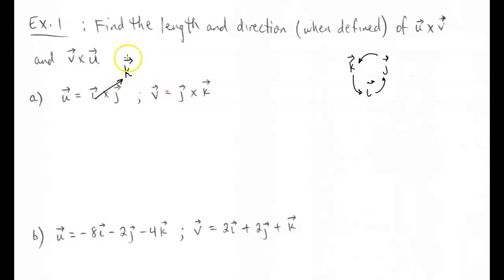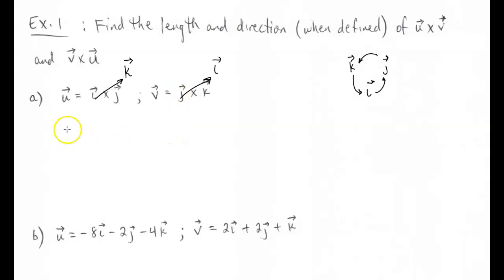And again, we know that the unit vector k, which is the unit vector for the z axis, is perpendicular to both the vector i and the vector j. And of course, it's going to be perpendicular to the plane that they're both in as well. All right, so if vector v is j cross k, then that result is going to be the vector i.